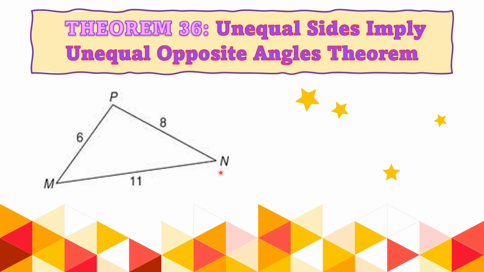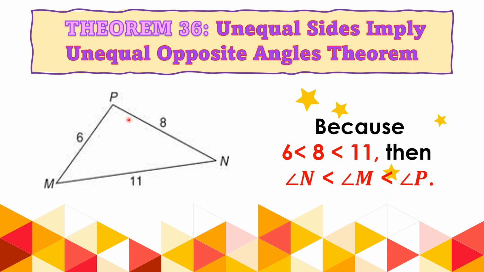So we can say also that angle N is the smallest angle because it is the opposite angle of the smallest side, which is side MP. Because 6 is less than 8 and 8 is less than 11, we can say now that angle N is less than angle M and angle M is less than angle P.